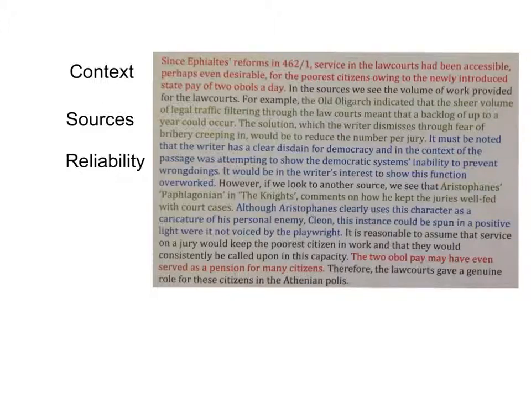Okay. So what I've done is I've said, well, Aristophanes is clearly using a caricature of his personal enemy Cleon, but I've also suggested, well, this could have been spun in a positive light. So if another writer had talked about this, it might have been said positively. So i.e. the fact that juries are well supplied, okay, that could easily come across in a positive way, and therefore I'm not really going to question Aristophanes here.